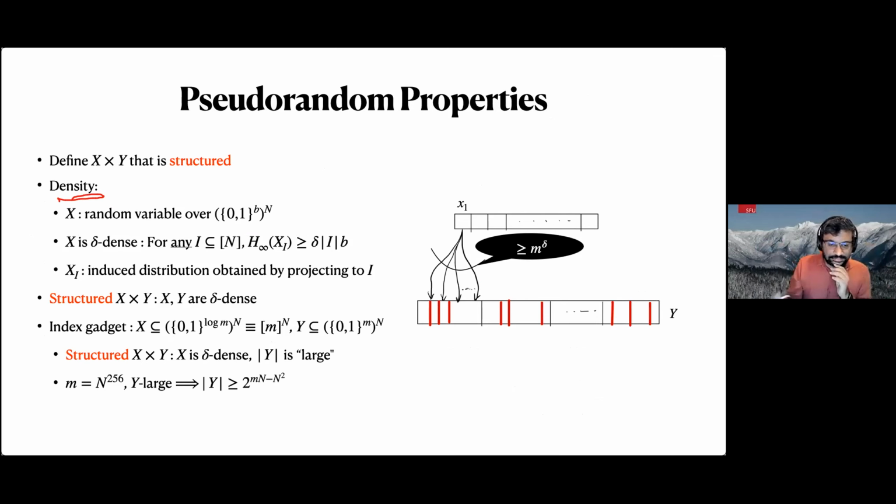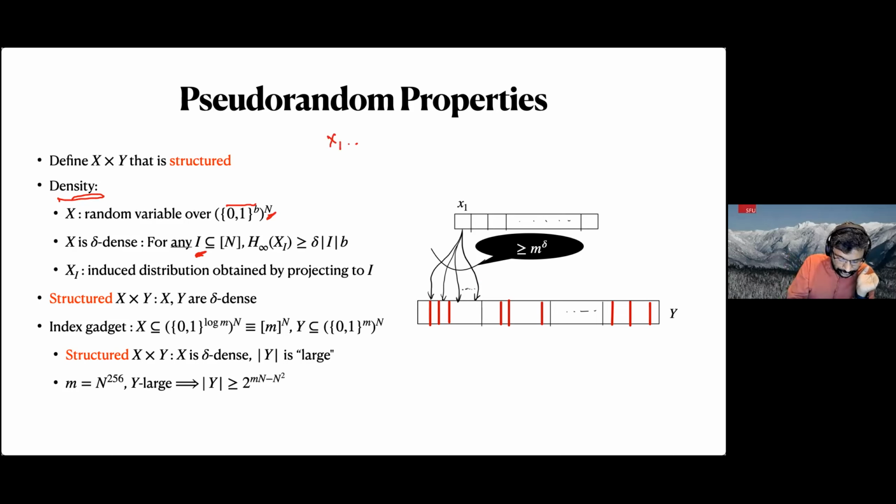Alice's inputs and Bob's inputs are n bit strings of length b. So let's say X is a random variable over this universe. We say that X is a dense random variable if the min-entropy, so if you take any subset of the blocks, since we think of the inputs as blocks.